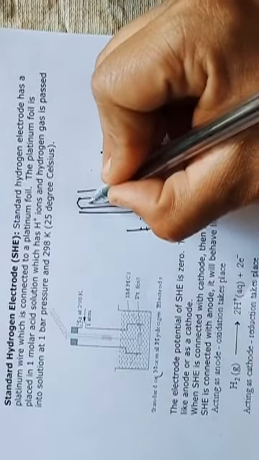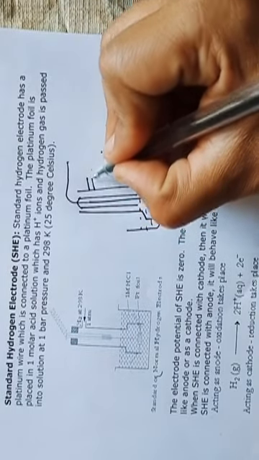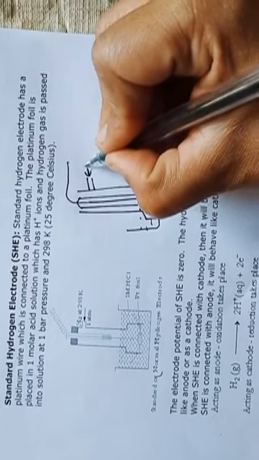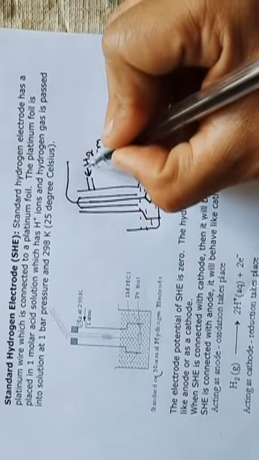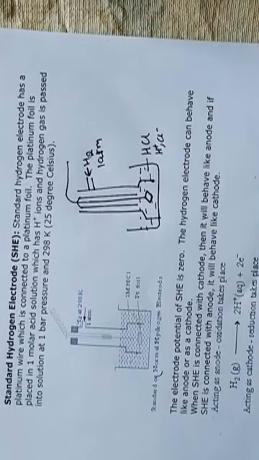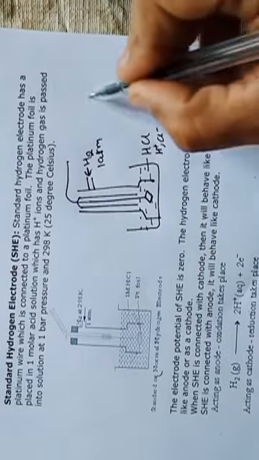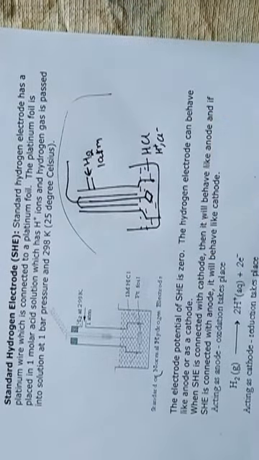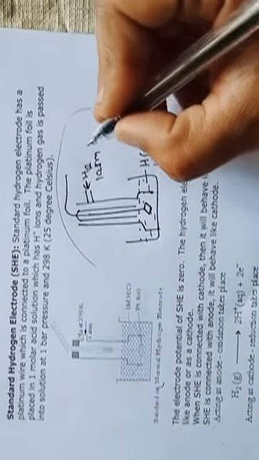Okay, it is attached, and from this point we pass H2 gas at 1 atmosphere pressure. Now this is known as the standard hydrogen electrode, and we know the reduction potential of hydrogen is 0.